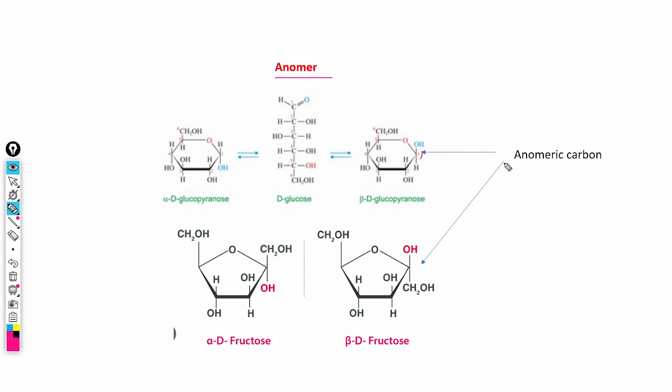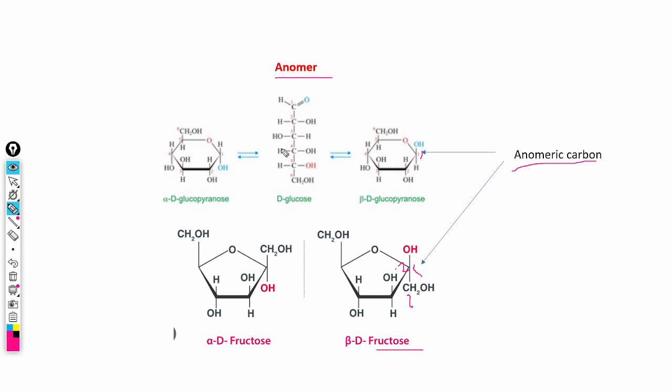That's why it is called the anomeric carbon. But let's say the sucrose. Sucrose means one glucose and another fructose. In the sucrose, it is joined at this position, and this is the second carbon. The first carbon is that. So in the fructose, the anomeric carbon is the second carbon, but in the glucose, the anomeric carbon is the first carbon.